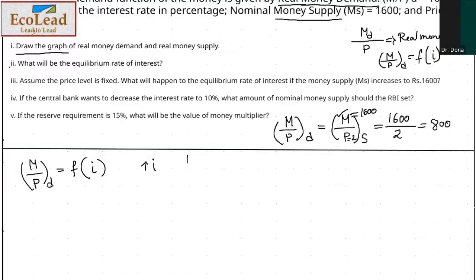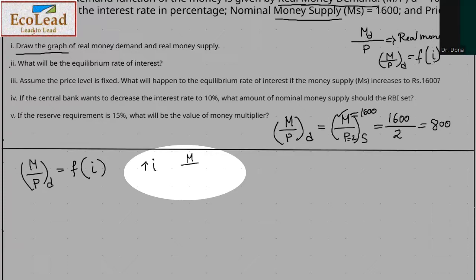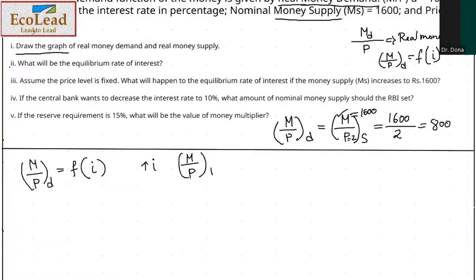So if the nominal interest rate increases, the real money demand will decline, which implies we have a negative relationship, or we can call it the inverse relationship.